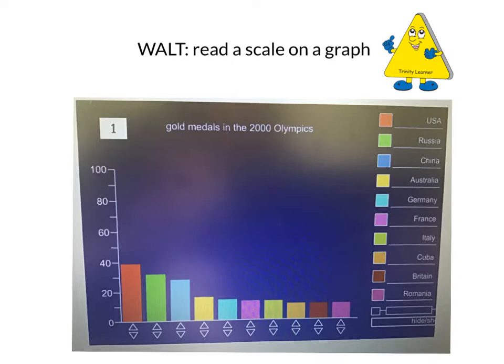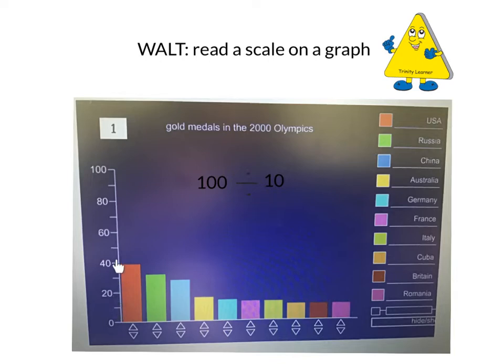So 100 is at the top of our scale, and we have got to divide that by 10. We need to split that into 10 pieces to figure out how much each one of these little lines is worth. So we've got 100, and we need to divide that by 10, because there are 10 sections.